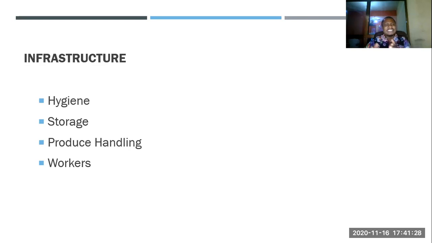But that shouldn't deter the smaller company from being certified, because the standard is not telling you to build a toilet with these specifications. They are just telling you there should be a toilet facility on the production site. Whether you have a mobile toilet or a fixed toilet depends on resources and the scale of operation.